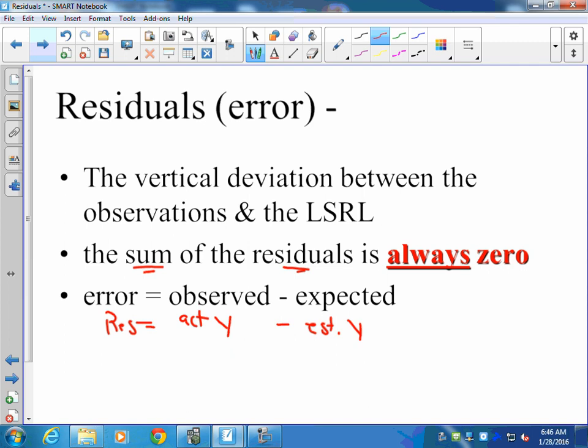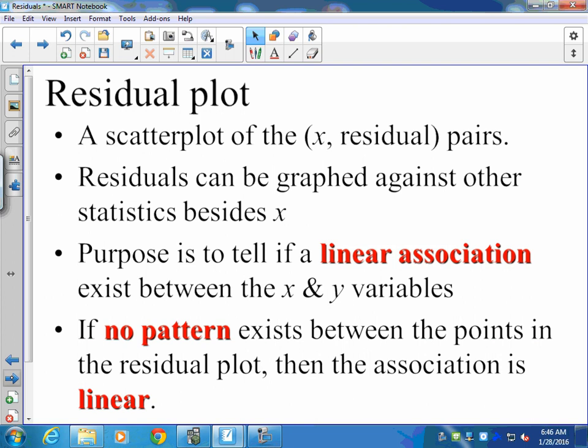So the residual for an individual point is the actual y value minus the estimated y value.